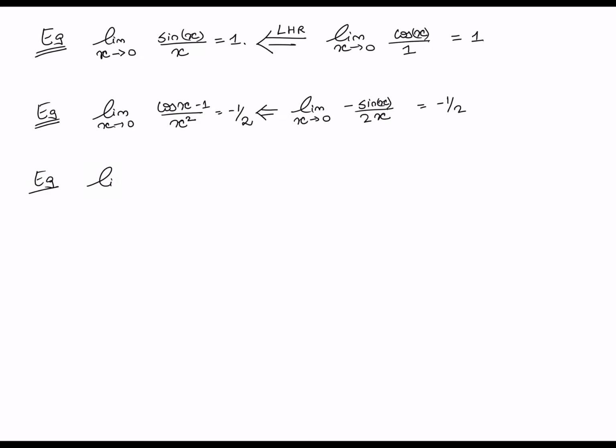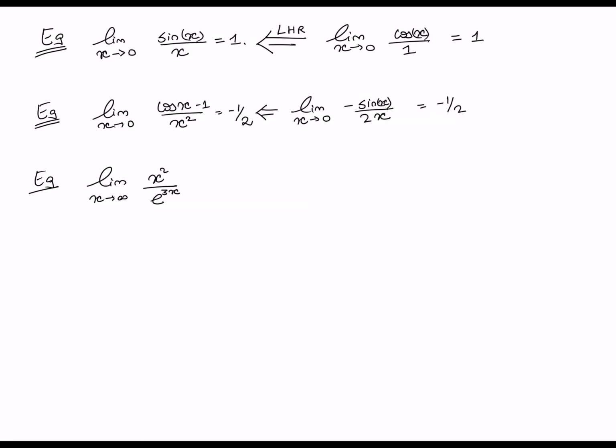Next, let's consider the limit as x tends to infinity of x square by e raised to 3x. Now again, this is just to illustrate the use of L'Hopital's rule. By staring at this limit, you should immediately know that the answer is 0, because the exponential function of course grows much faster than the polynomial function here.